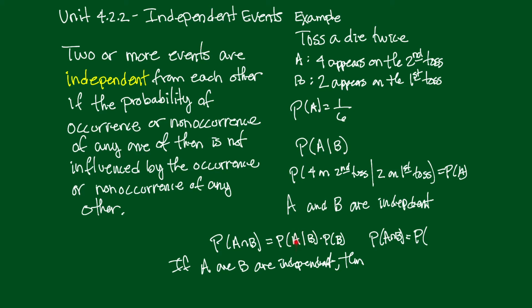What's the probability of A given B? Well, if B has no effect on the probability of A, this is just the probability of A. So it's just the probability of A times the probability of B. Sometimes this is referred to as the multiplication principle.